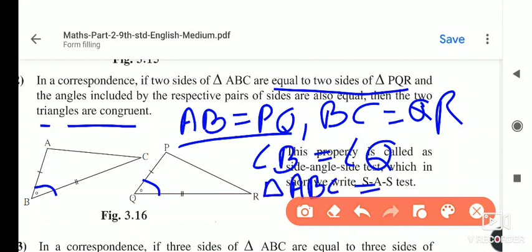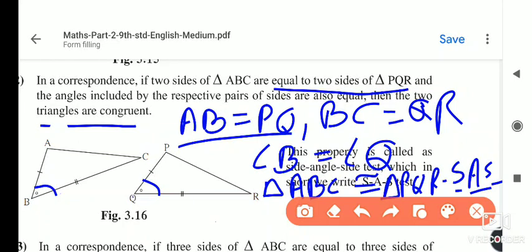Triangle ABC is congruent to triangle PQR by the SAS test. S for side, A for angle, S for side, means side, angle, side test.